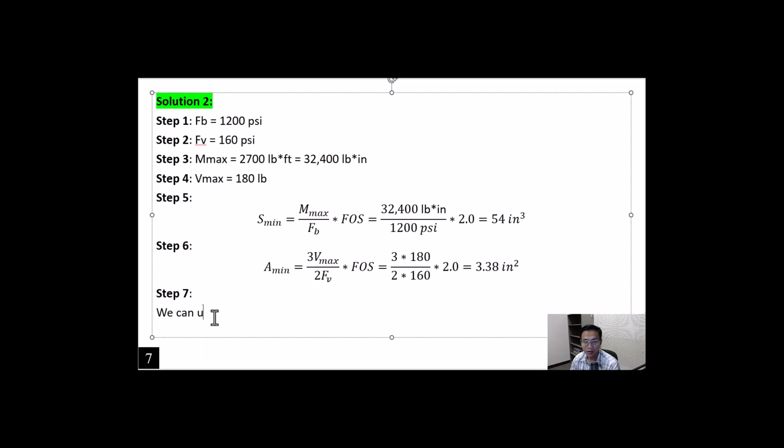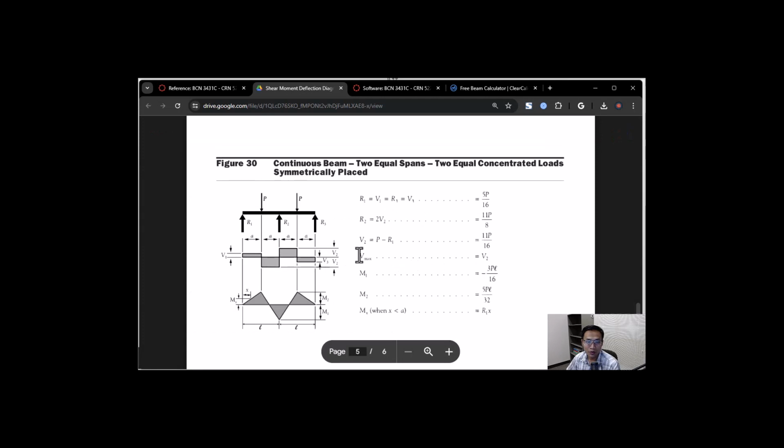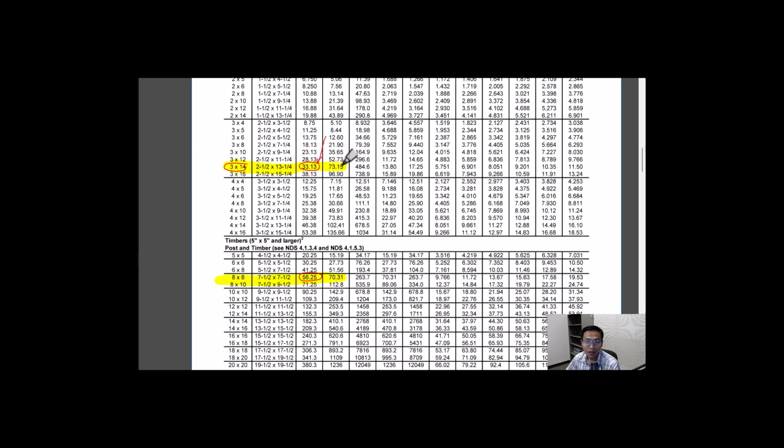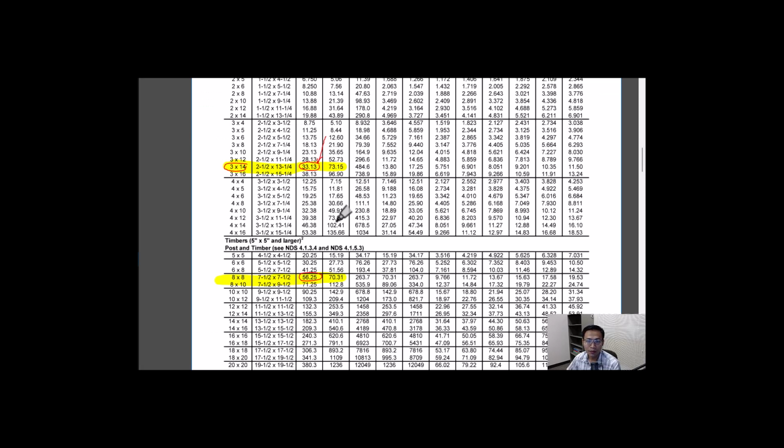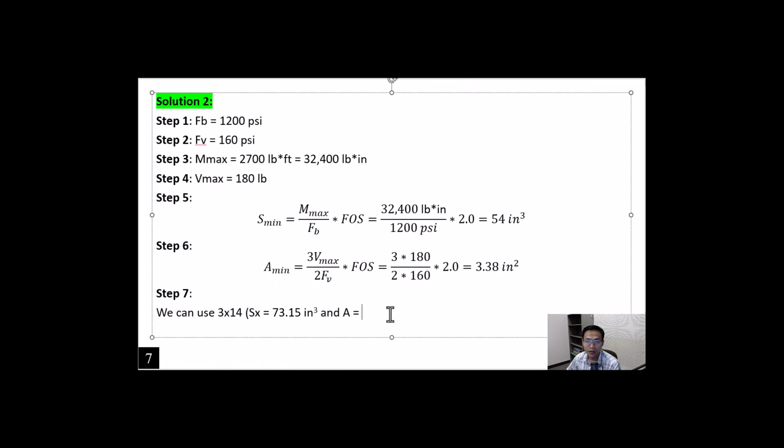We can use 3 by 14 with Sx equal to 73.15 inch to the power of 3, and A equal to 33.13 inch squared.